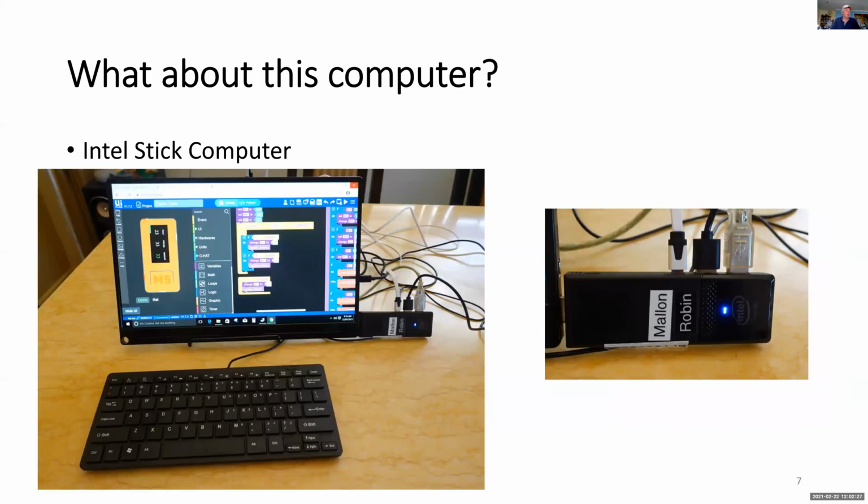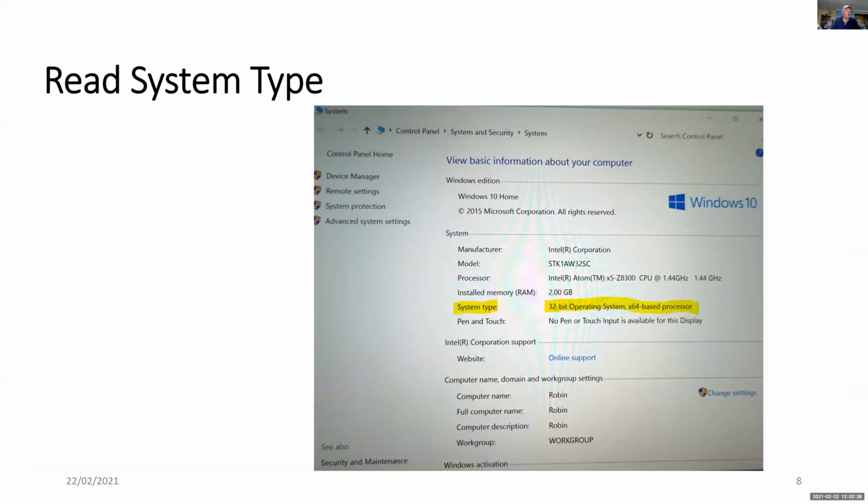This is a computer I've had for about 5 years. It still runs Windows, and it's a computer from Intel. It's called the Intel Stick computer. If I do a report on that, it tells me that at this time I've got a 32-bit operating system with a 64-bit processor.